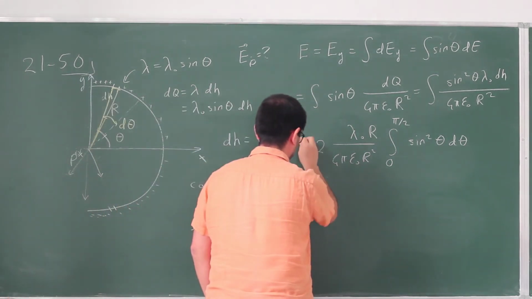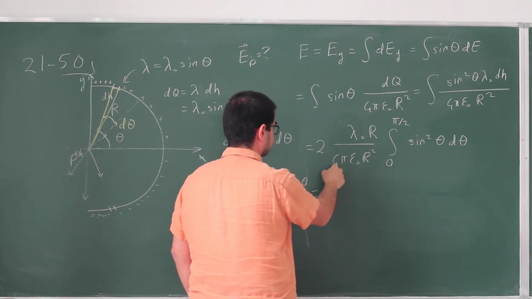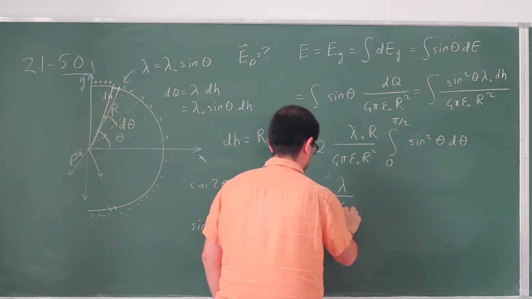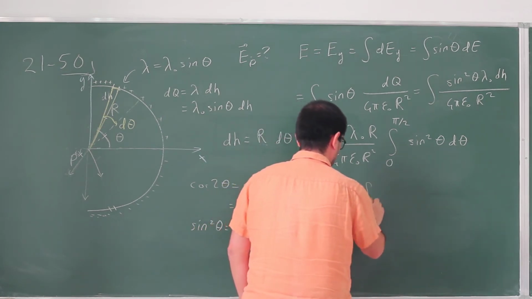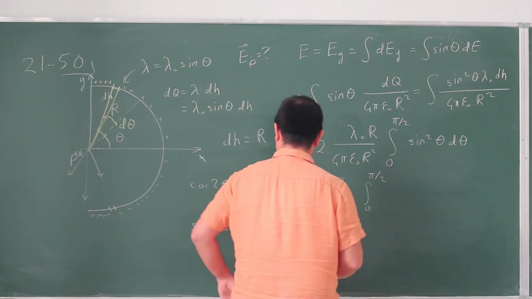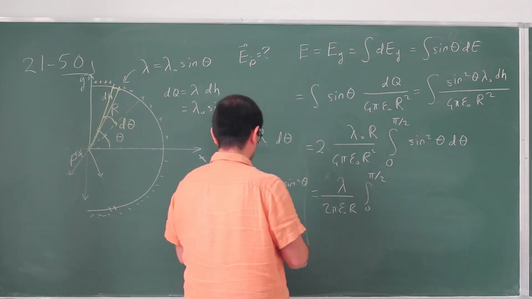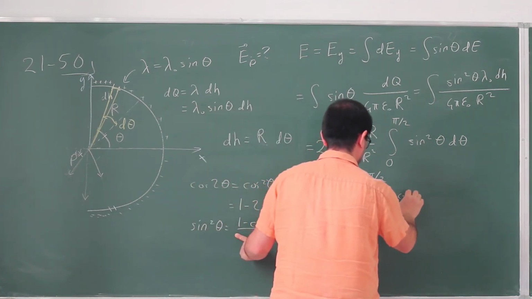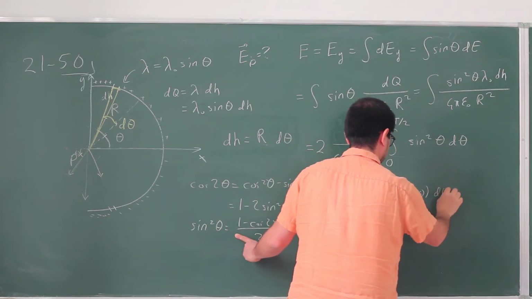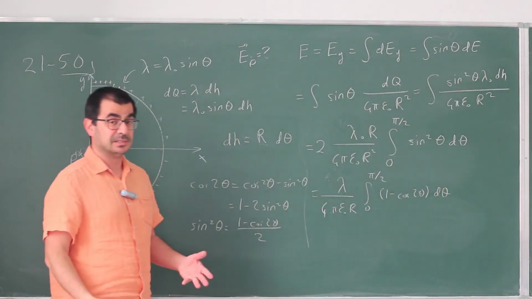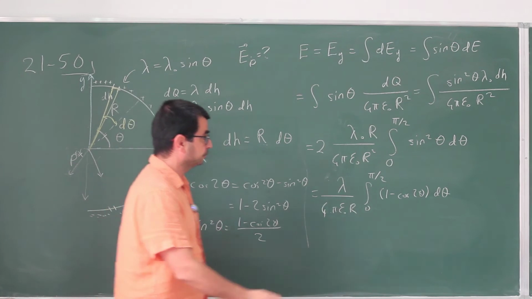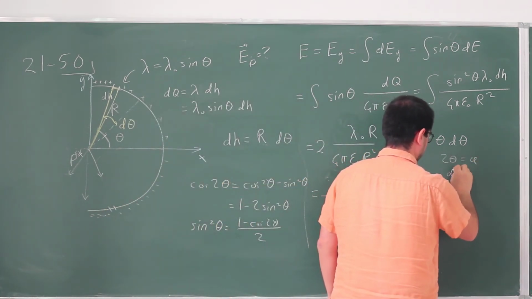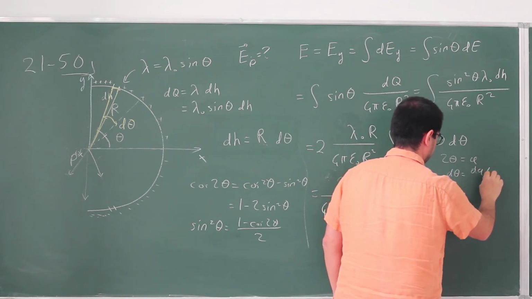First, let's simplify what's going on here. 2 cancels this, so this is lambda over 2 pi epsilon naught r from 0 to pi over 2. I'm also going to take 1 over 2 out, so this becomes 1 minus cosine 2 theta d theta. Okay? And to take this explicitly, I'm going to call 2 theta u. So then d theta becomes du over 2.